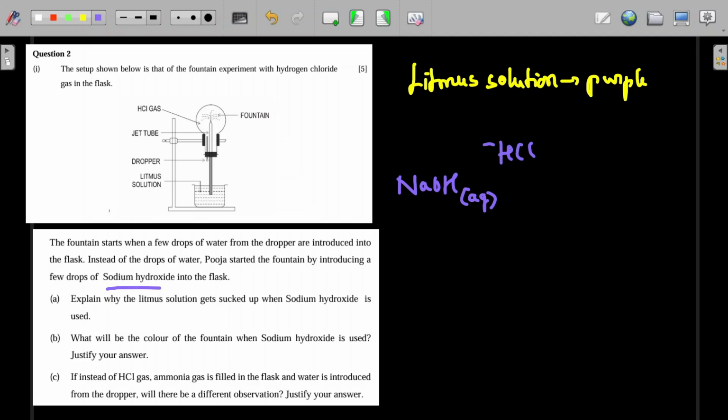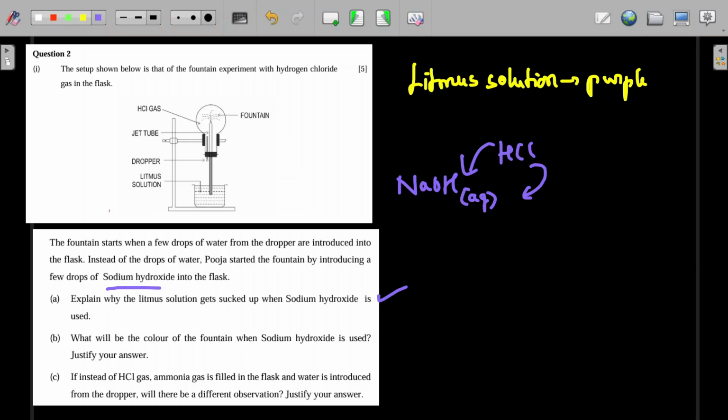HCl will react with sodium hydroxide, and your byproduct is what? NaCl plus H2O. So water is also there, so HCl will start dissolving. Some HCl will react with NaOH, some HCl will dissolve in water. Therefore, the pressure inside the RB flask decreases and litmus solution gets sucked up. Okay, this is how we have to explain the first point.